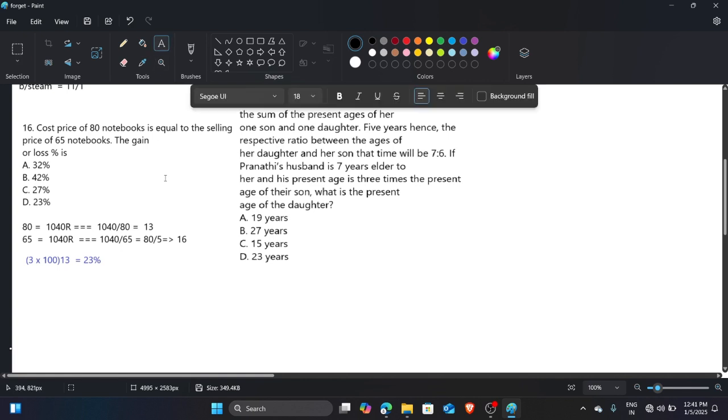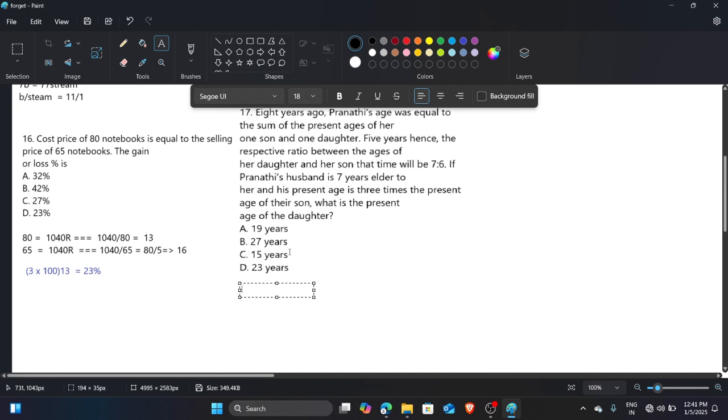Okay, so this is the 17th one. Now we go through that. 8 years ago, Pranathi's age was equal to the sum of the present ages of her one son and one daughter.